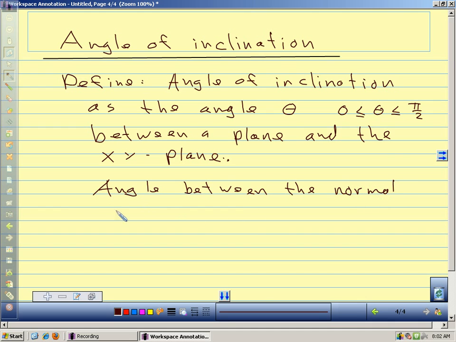So our angle of inclination is the angle between the normal vectors. The normal vector to the xy plane is what?